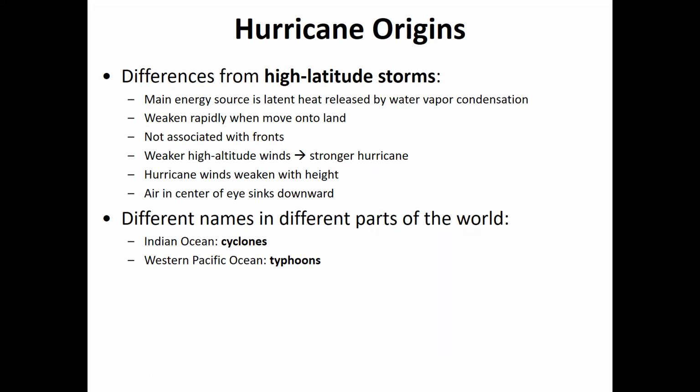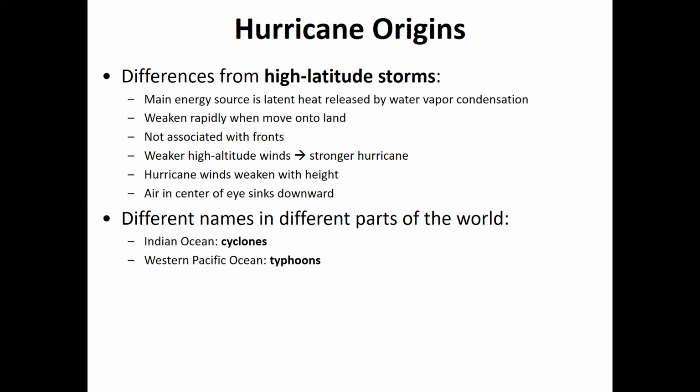So I've already mentioned the difference between hurricanes and high latitude storms. But the main energy source is the latent heat released from water vapor condensation. Hurricanes weaken rapidly when they move onto land, because their source of energy is the very warm, humid air that forms over warm water.